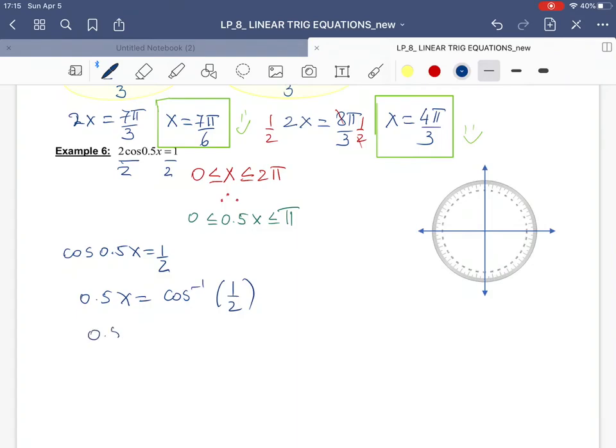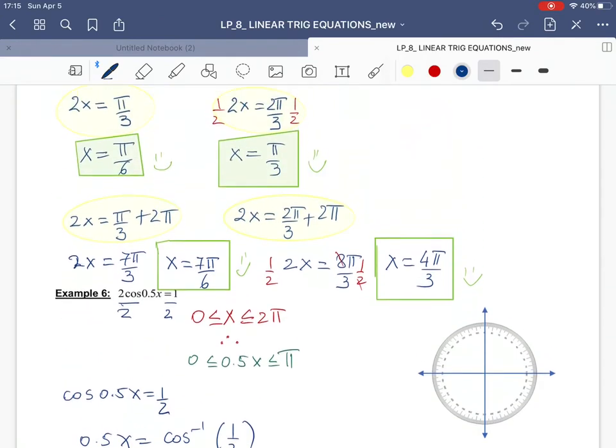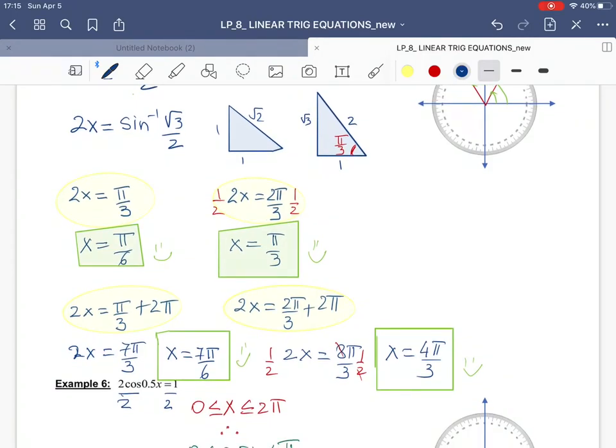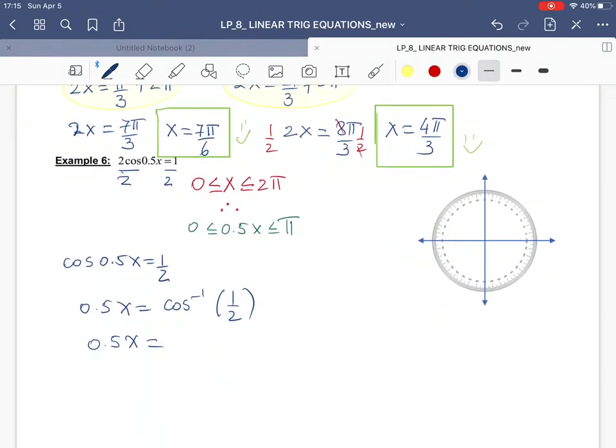So remember again, where is cosine equal to 1/2? We have our triangles in here, so 1/2 is the adjacent of our hypotenuse, pi over 3. So we're going to say pi over 3 is our angle here. You can also use a calculator, definitely.